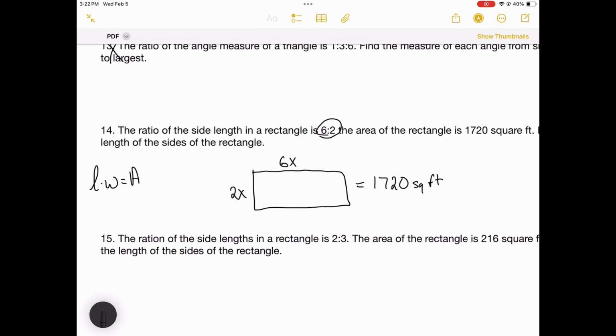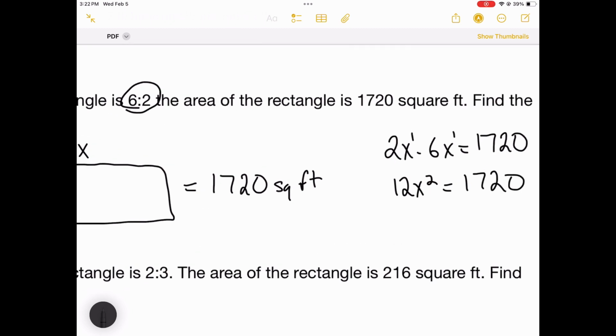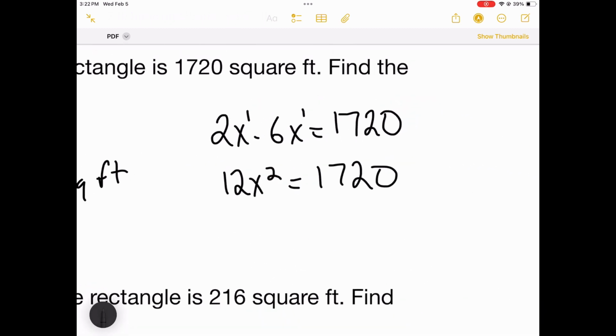1720. And that is going to be 12x squared. Remember, when I multiply these x's, it's x squared. And then it's going to be 1720 again here. I'm going to zoom in on this. And so I'm going to divide by 12, divide by 12, 1720 divided by 12.